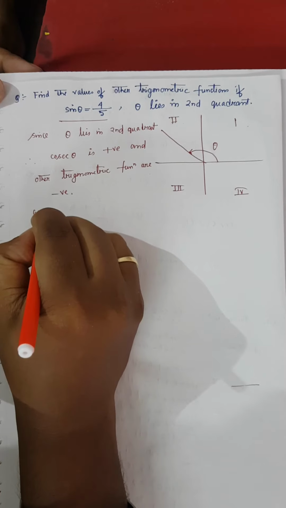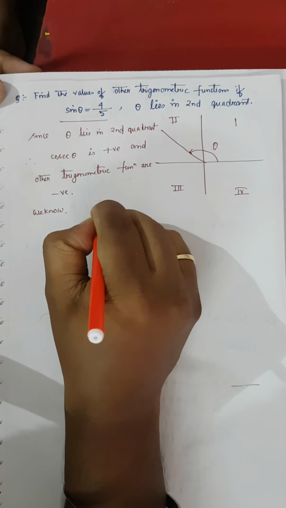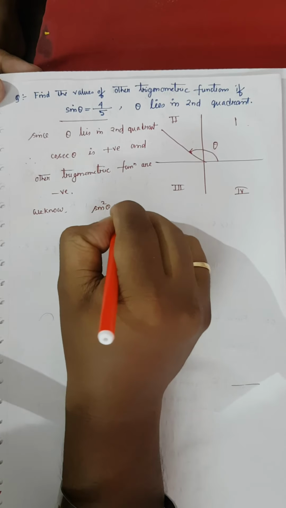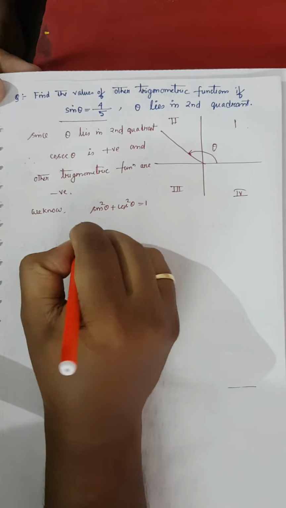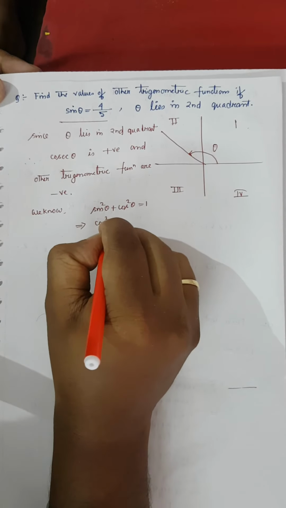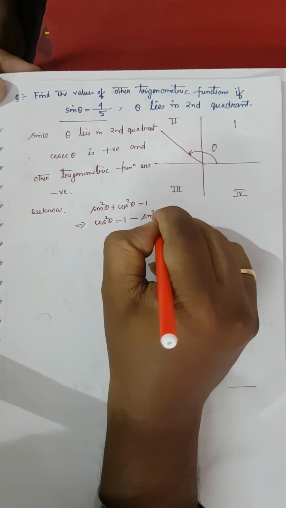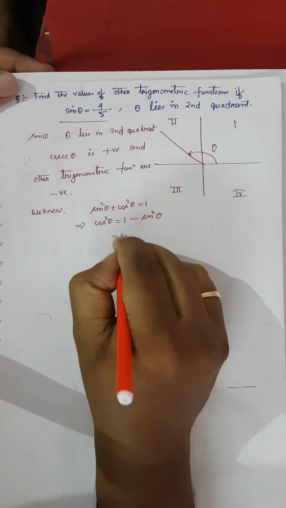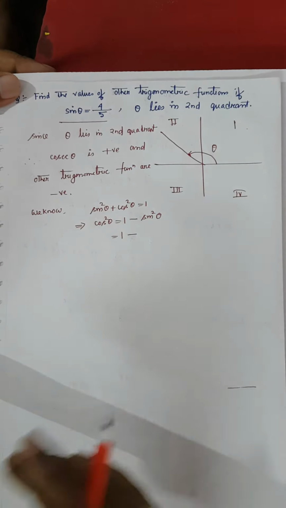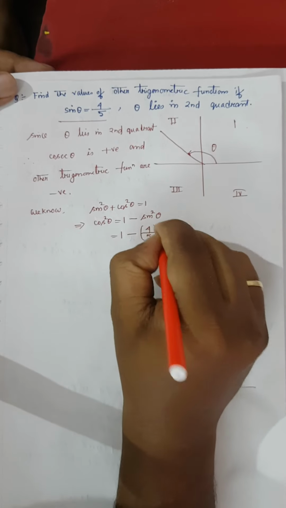We know sin square theta plus cos square theta is equal to 1. Therefore we can say that cos square theta is equal to 1 minus sin square theta. This is the basic method that we use to find this kind of problems. So this is 1 minus sin square theta, which is 4 by 5 whole square.